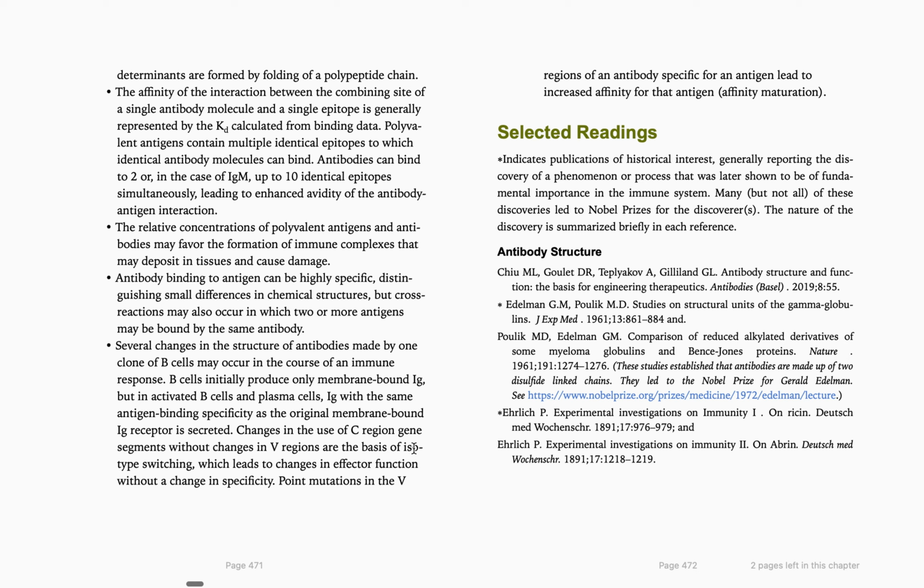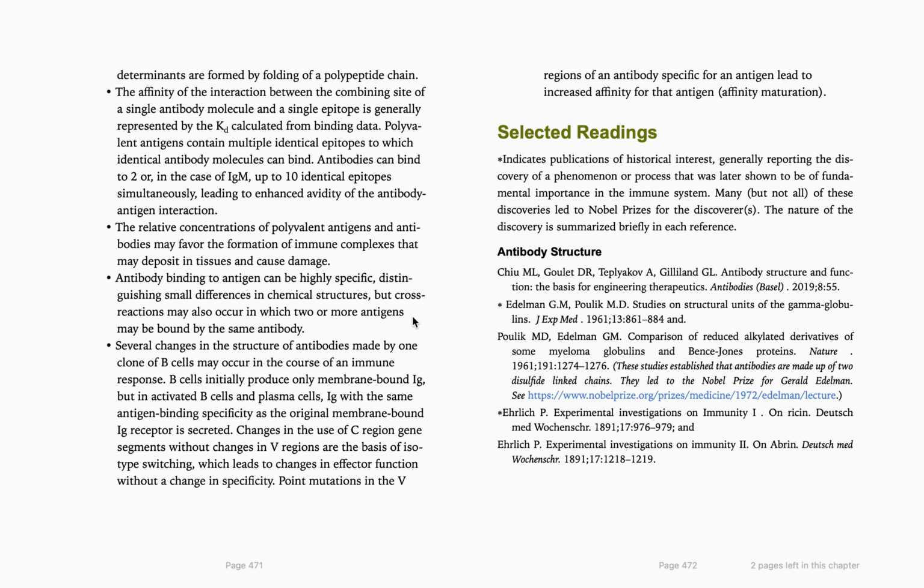Changes in the use of C constant region gene segments without changes in the variable region are the basis of isotype switching, which leads to changes in effector function without a change in specificity. Point mutations in the variable regions of antibodies specific for an antigen lead to increased affinity for that antigen, called affinity maturation.